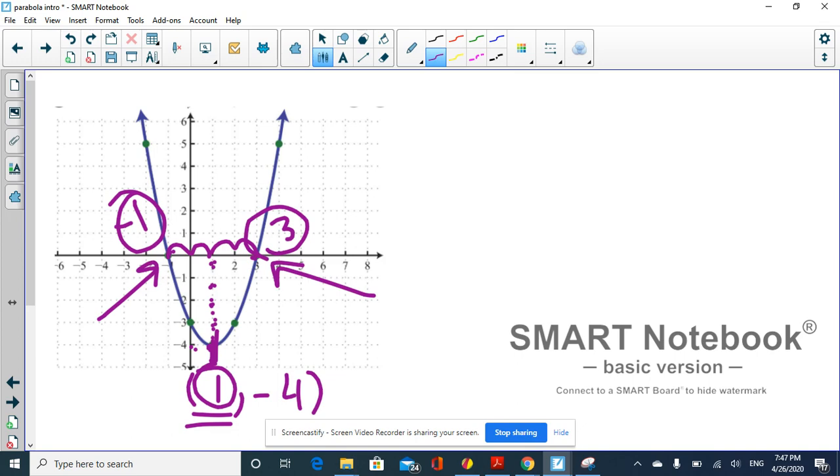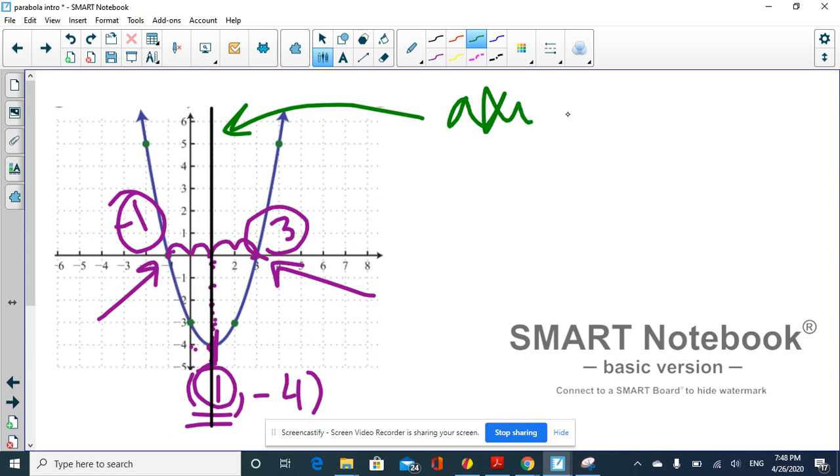If we draw a line that passes through the vertex, we can call that line the axis of symmetry. Okay, so this line is the axis of symmetry. And what is the axis of symmetry?